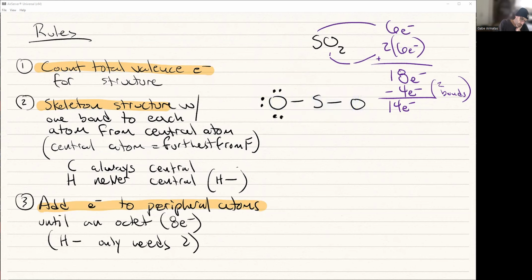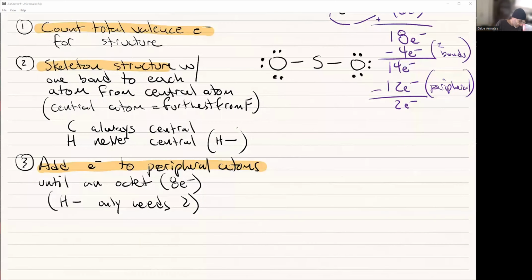And we're going to do the same thing to the other side. 1, 2, 3, 4, 5, 6 for a total of 8 electrons. So how many electrons did I just add around the periphery? 2, 4, 6, 8, 10, 12. So I just added 12 electrons to the peripheral atoms to make them happy, and when I say happy, I mean 8 electrons. And I am down to 2 electrons left.